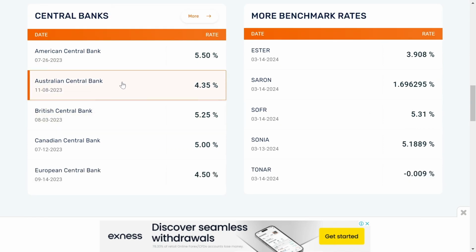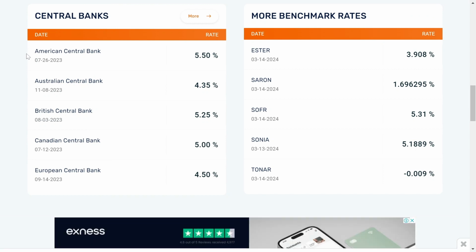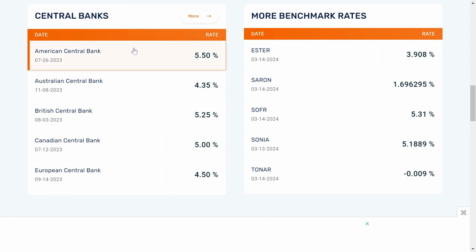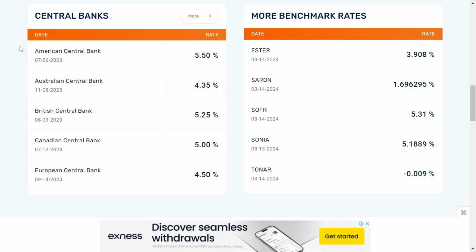Usually what happens in FX, you'll see a lot of flows to economies that have high interest rates. I think when the Fed started raising rates, we did see a lot of flows to the dollar. That's why the dollar increased in the last 2 years. We did see a lot of flows to that because of the carry trade. The carry trade is where the big hedge funds will hold positions in currencies that give them high interest rates, and currently they hold a lot of dollar positions just because the rates are 5.5.